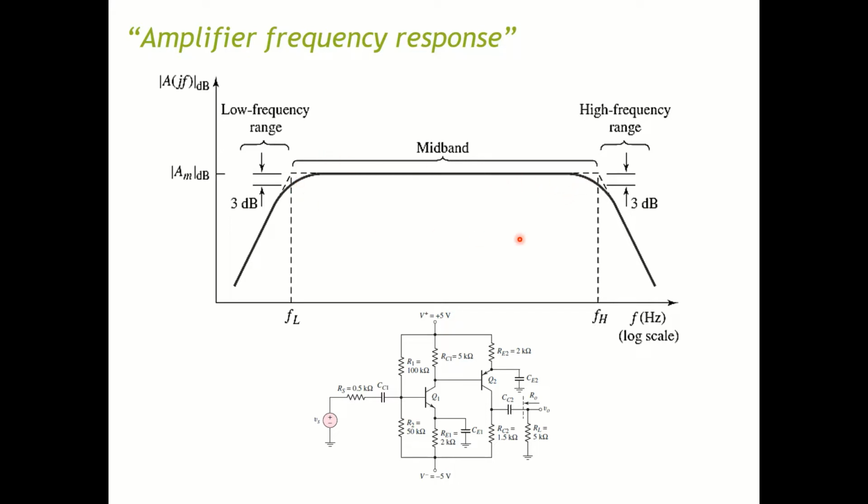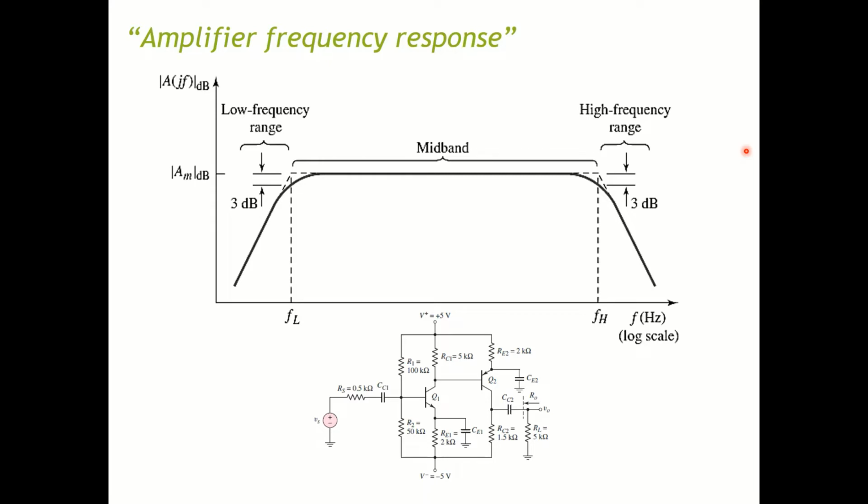Therefore, there's a middle region called midband. The midband range is where the coupling and bypass capacitors act as short circuits, and the internal capacitances act as open circuits.